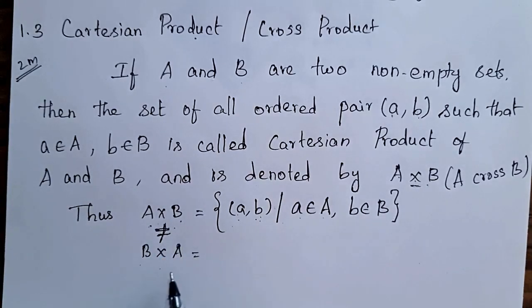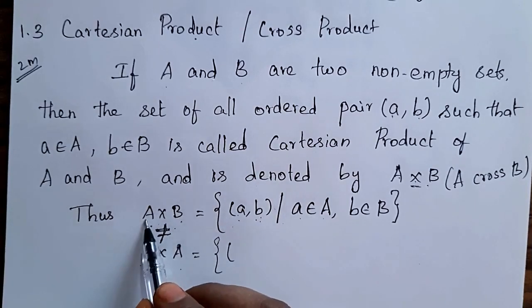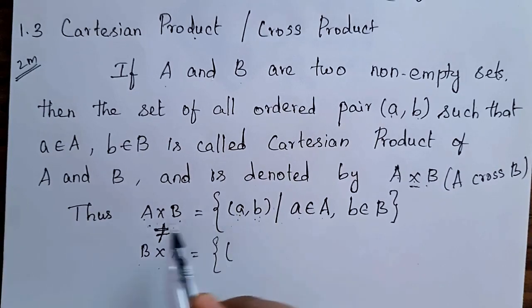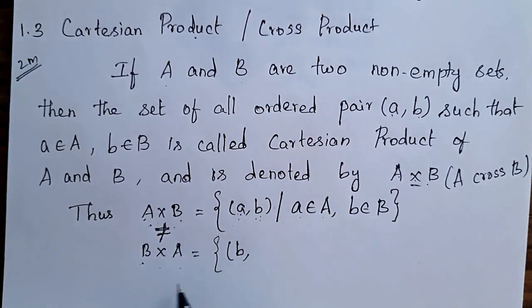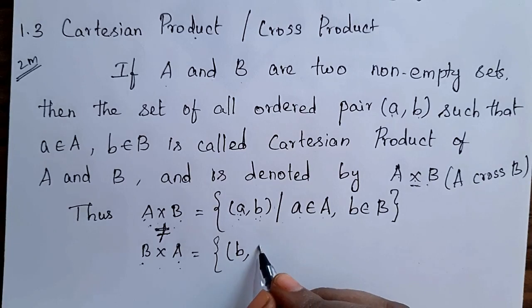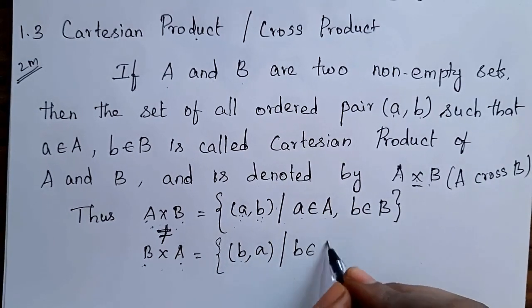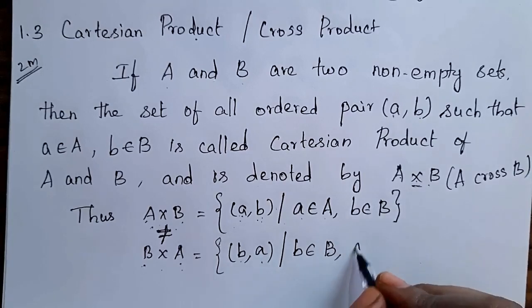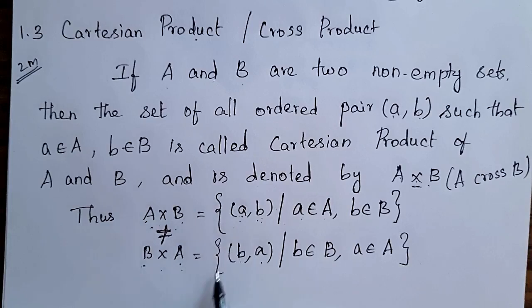This B cross A should be: here the first set is B, so the first element is from the set B. The second set is A, so the next element is from A, such that b belongs to capital B and a belongs to capital A.